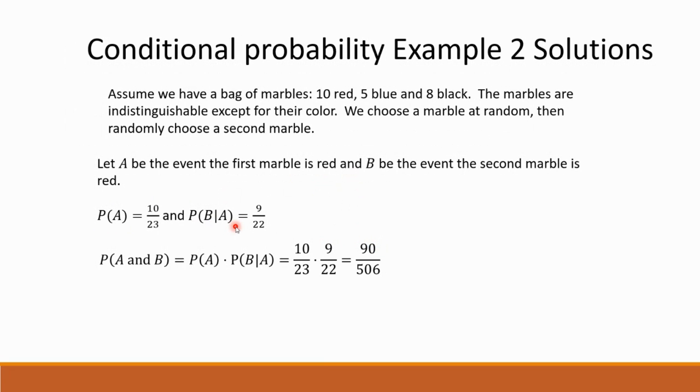So what's the probability of B given A? If A did occur, meaning the first marble chosen was red, what's the probability the second marble is red? There's one less red marble in this bag. So the probability would be 9 out of 22.